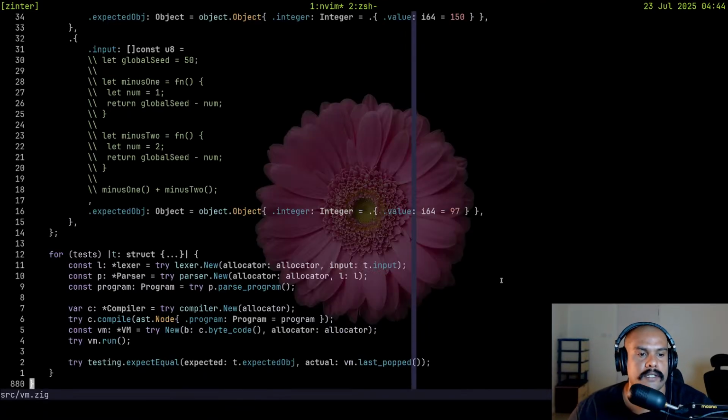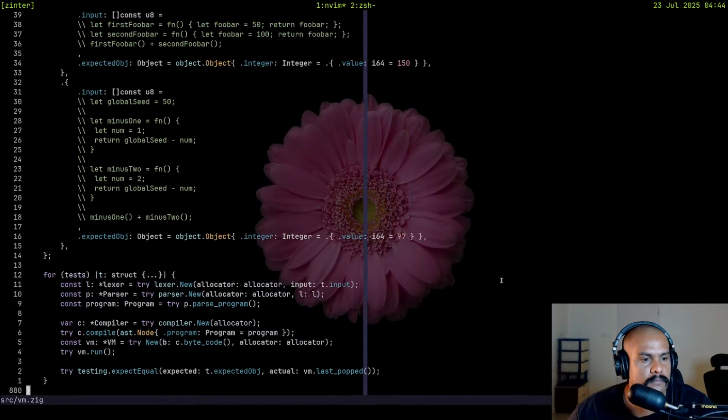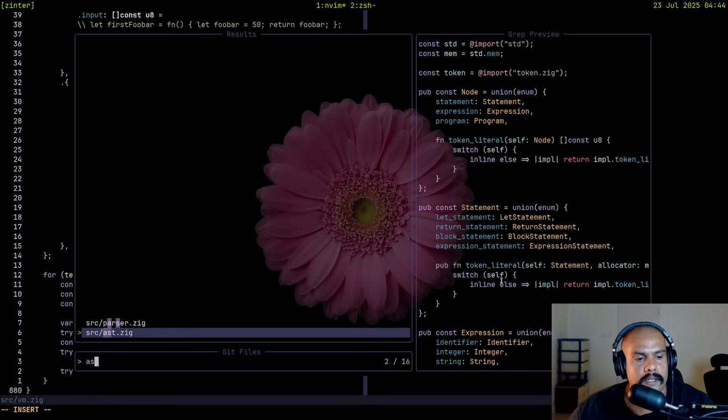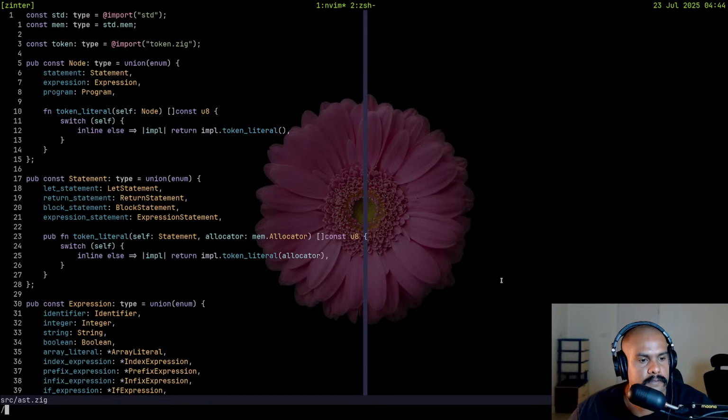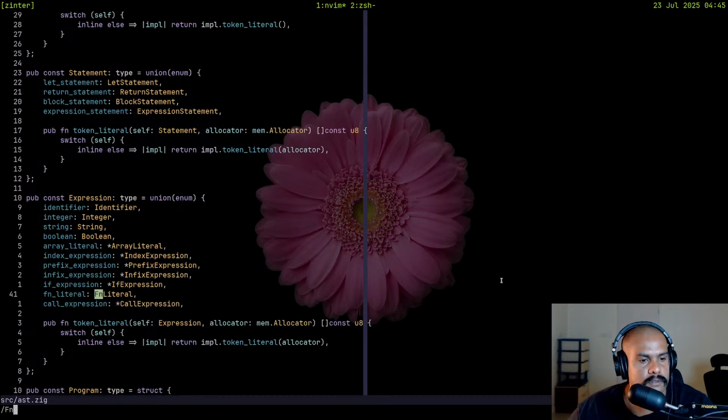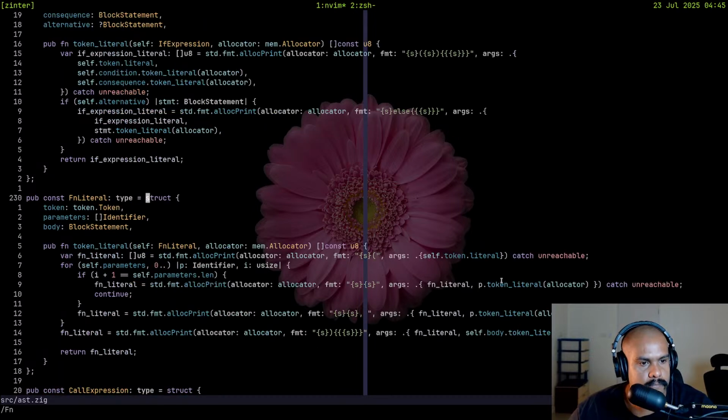Just gonna quickly, this seems a bit too zoomed in. AST, function literal. Okay, we can just do length of parameters.